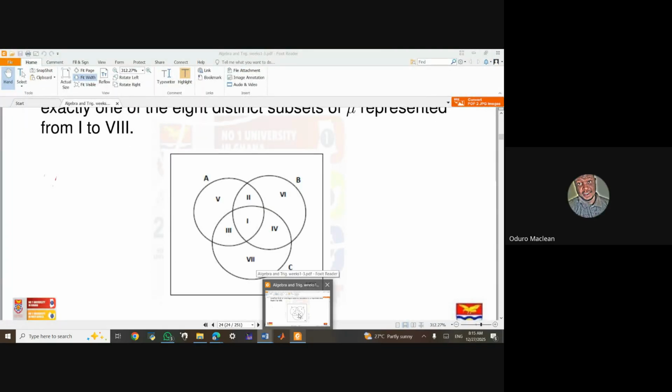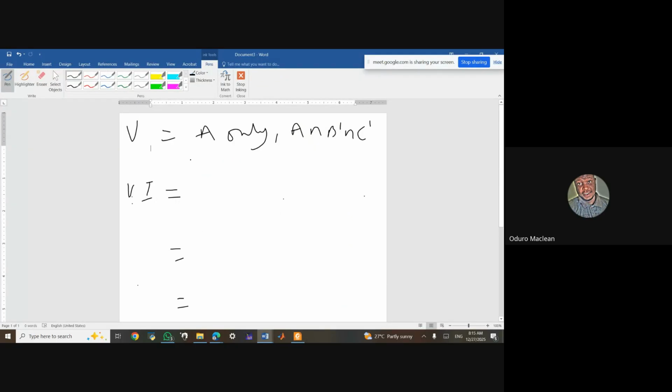Madam, for the V, let me suggest one thing for clarification. What about A intersection into bracket B union C, close the brackets, all complement? Yes.